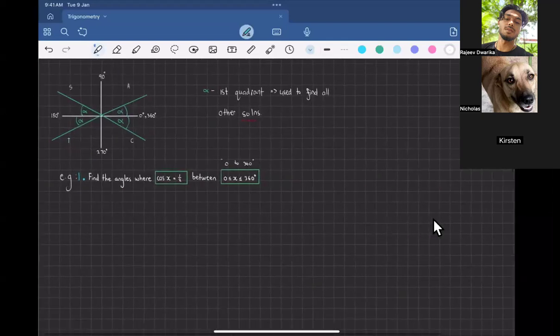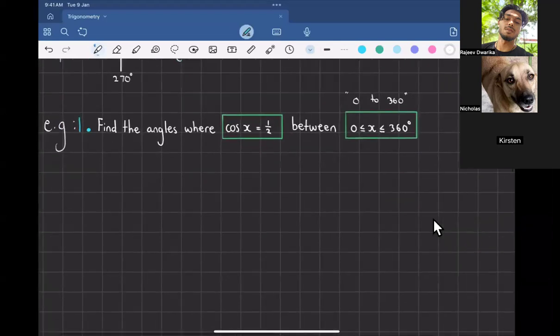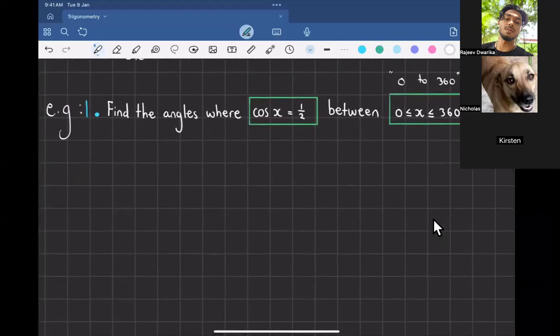So the first step, we have to figure out the reference angle in the first quadrant. And when you're finding the reference angle, you're going to call it alpha. So Nicholas, if we have cos x is equal to a half, and I want to find the reference angle alpha, what I do is I would find the inverse cos of a half.